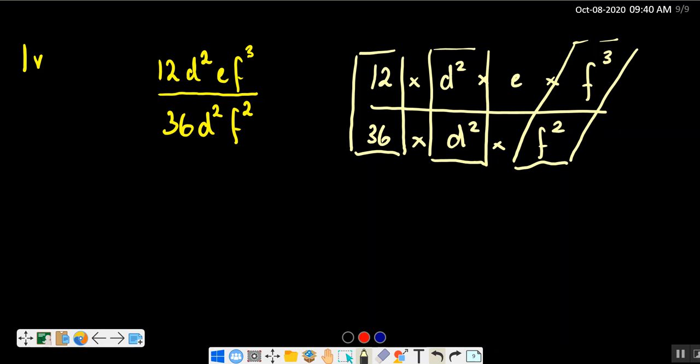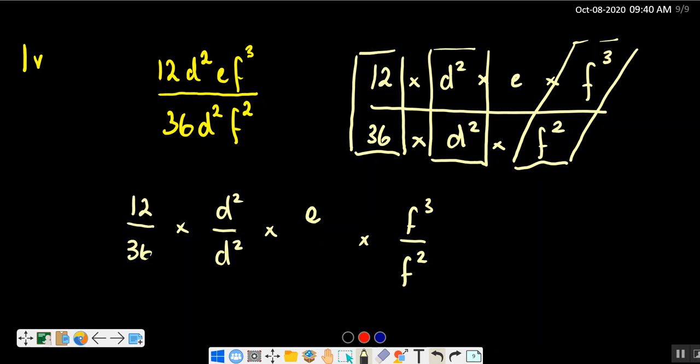So this is how I'm now going to write it: 12 divided by 36, multiplied by d squared divided by d squared, multiplied by e, multiplied by f cubed divided by f squared.